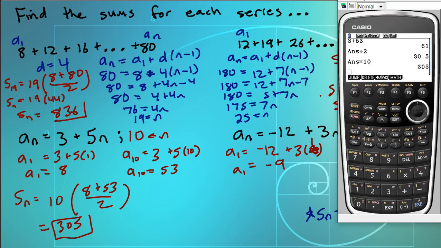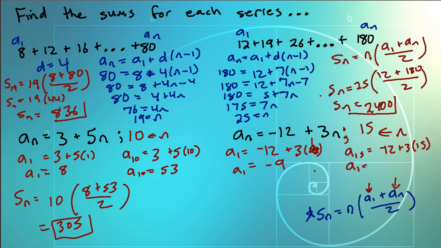So that's 45 minus 12. So 33. Okay, so now I use my formula for summing. I'm going to get, now 15 is my n, so that's this thing. Negative 9 plus 33 divided by 2.